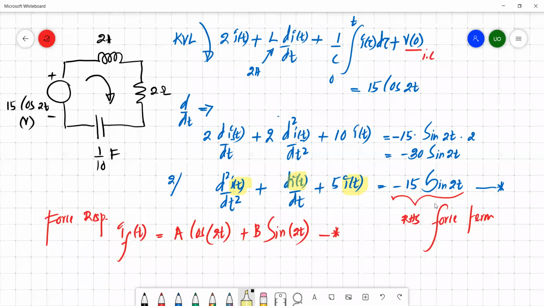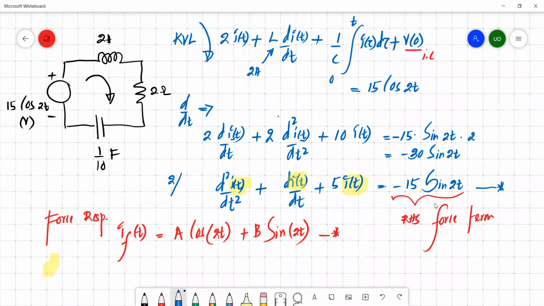If it is a solution, it should satisfy the original differential equation. So you can substitute this a cos 2t plus b sine 2t into the differential equation and find a and b. It's like this.